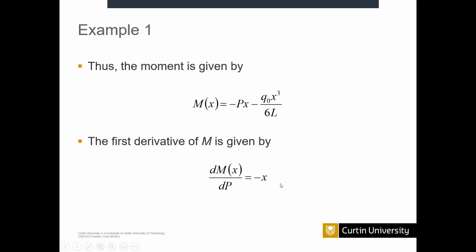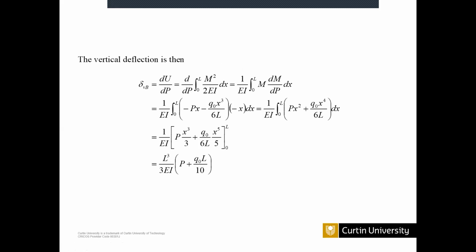Now we will use those equations to find the deflections. We need to find the vertical deflection at point B, so that's delta VB. This is the vertical deflection at point B. That means the strain energy we need to differentiate with respect to P. That is the theory.